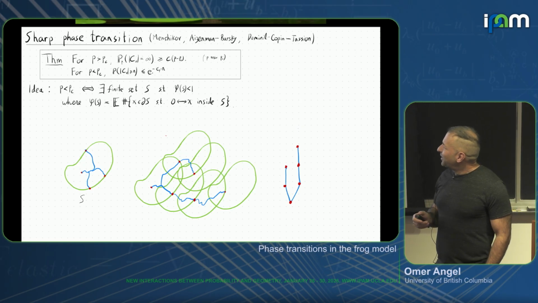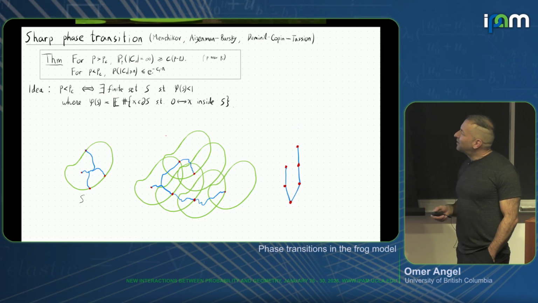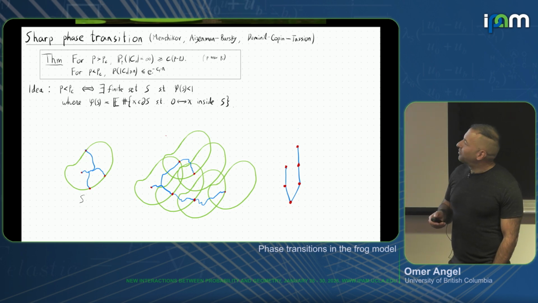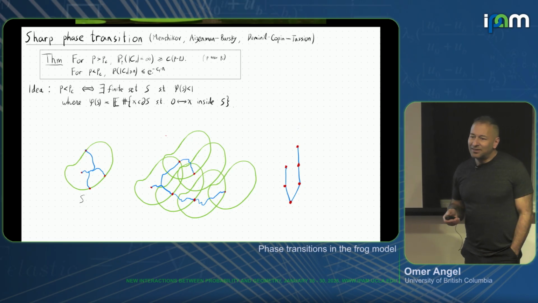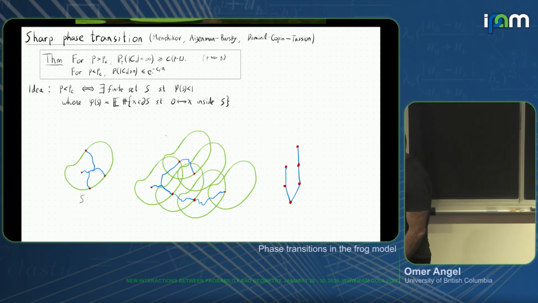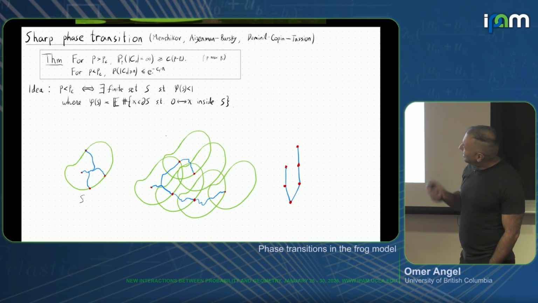And there have been various proofs of this over the years, going back to works of Menshikov and then Aizenman-Barsky, and then the most recent proof by Duminil-Copin and Tassion, which also inspired some of our arguments, is the following idea.